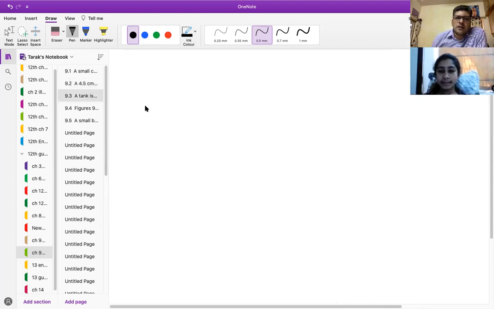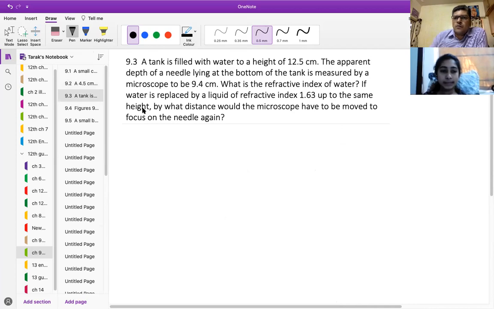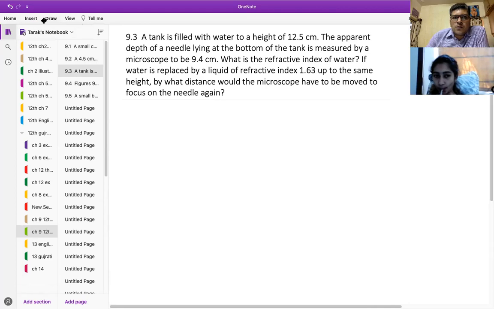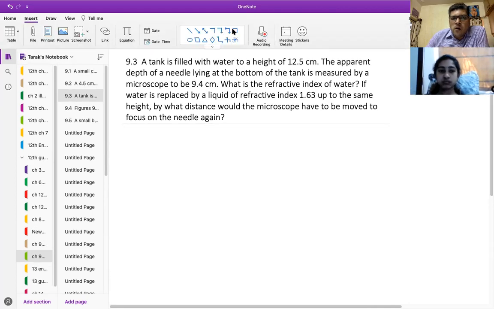9.3 is one small question of 2 marks. A tank is filled with water to a height of 12.5 centimeter. Let me think about it.